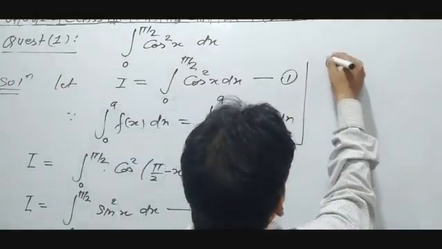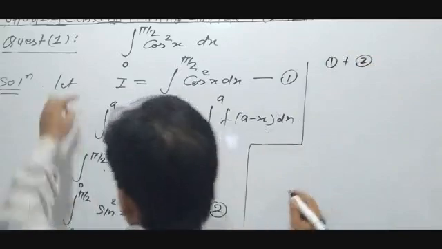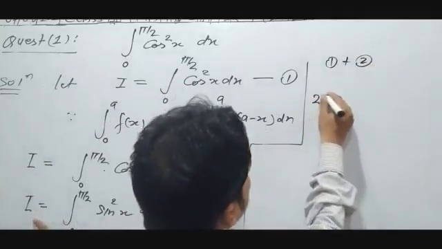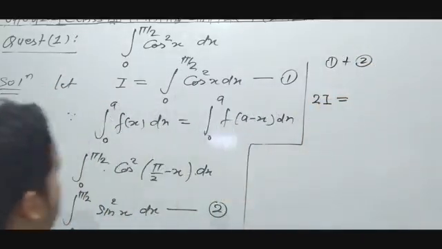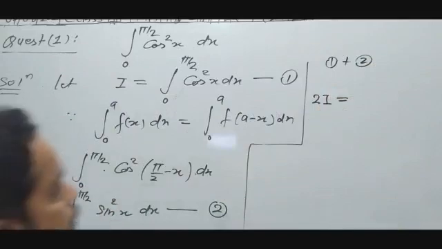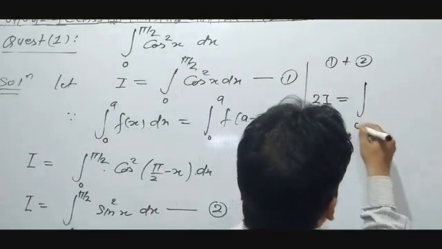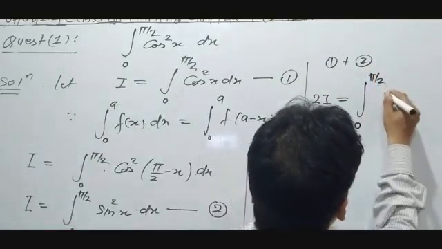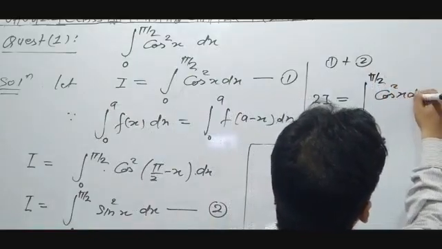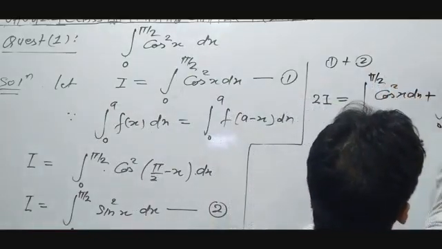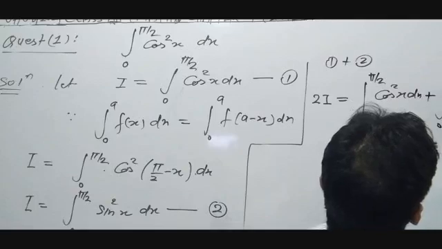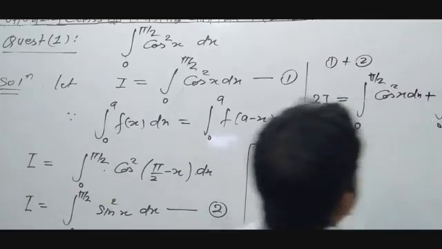Adding equation 1 plus equation 2, I plus I, the result will be 2I on the left hand side, and on the right hand side the result will be integration over 0 to pi by 2 cos square x dx plus integration over 0 to pi by 2 sin square x dx.